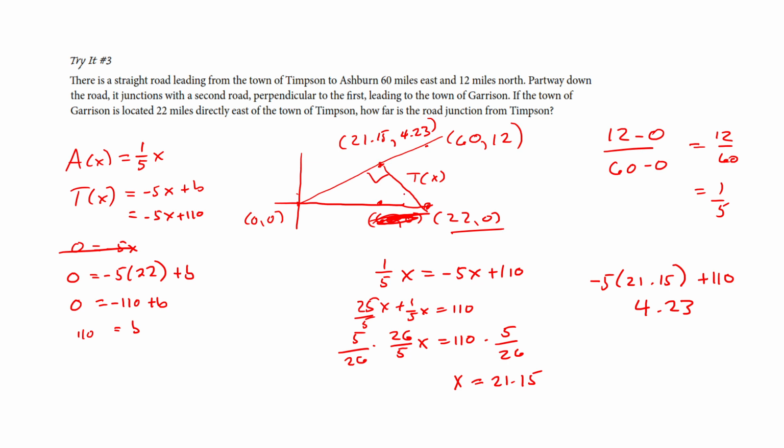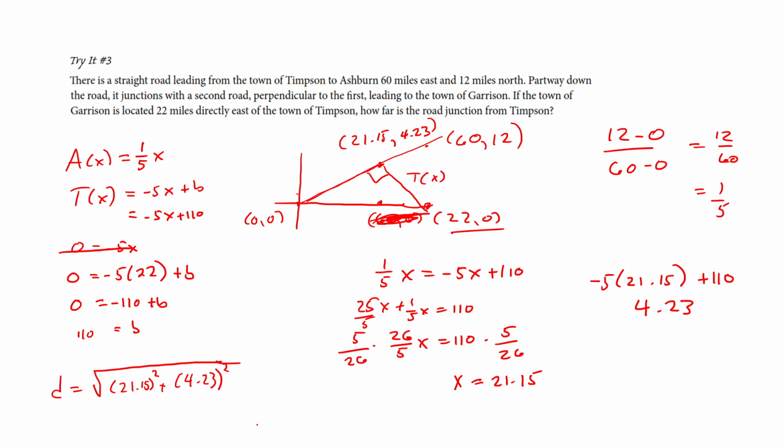I've got it. Now there's only one thing left to do, which is the distance formula. So that's x2. So we want the distance between these two guys right here. So that's this x minus this x. Well, that's just 21.15 squared. And then it's plus this y minus 0, which is still just going to be 4.23 squared.